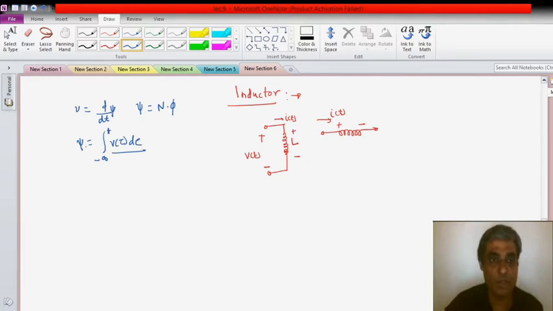In order to have flux linkage, I should have the voltage, or EMF induced, across the inductor. Now in terms of field interpretation also, we can express the magnetic flux in terms of the magnetic field with some geometry.